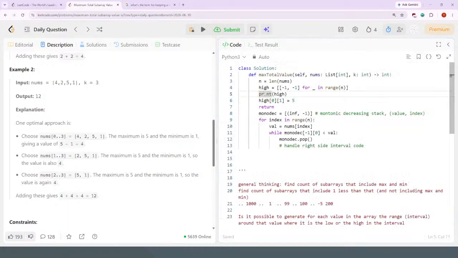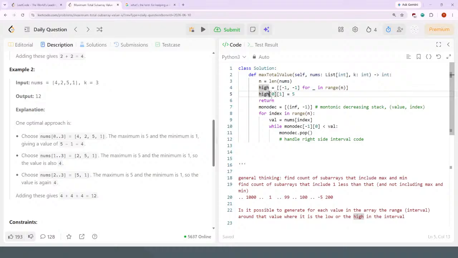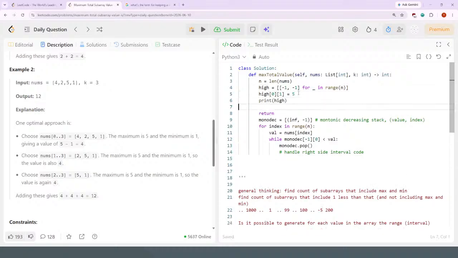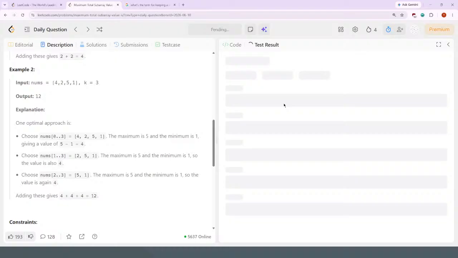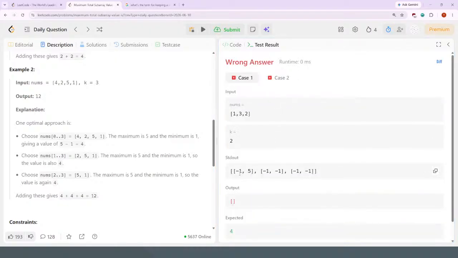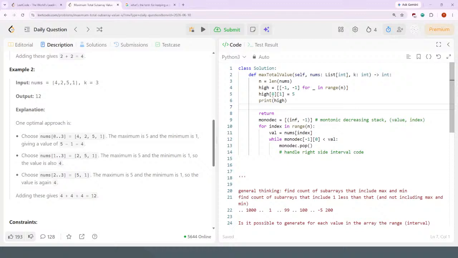Oh, I should print that after. I just don't want to have the same reference to the same array each time. Okay, that's fine then.